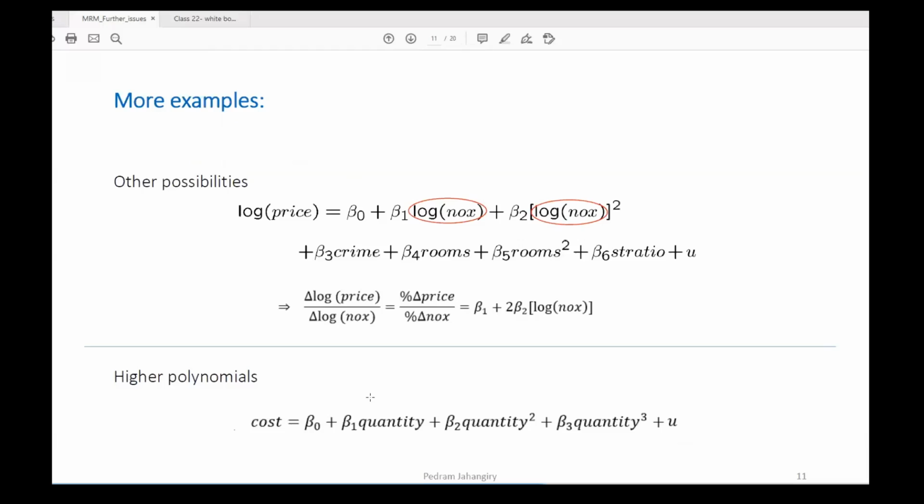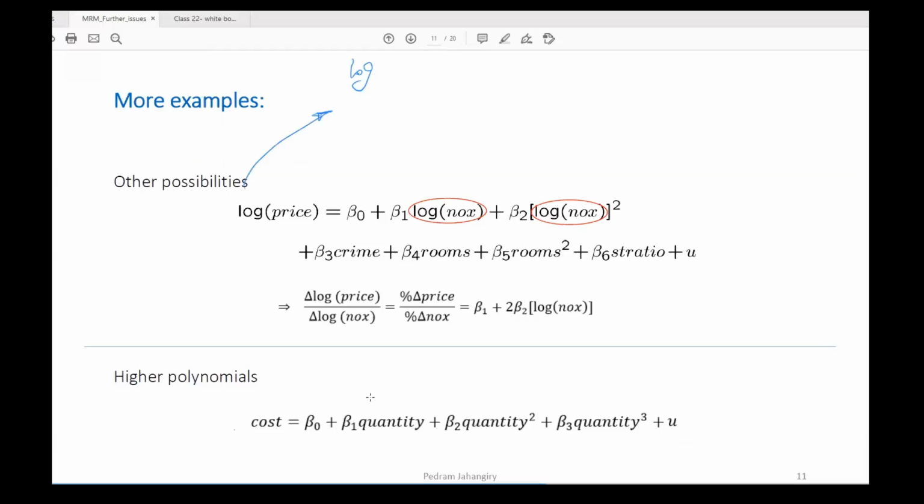So if I write this equation like this, what's wrong with that?